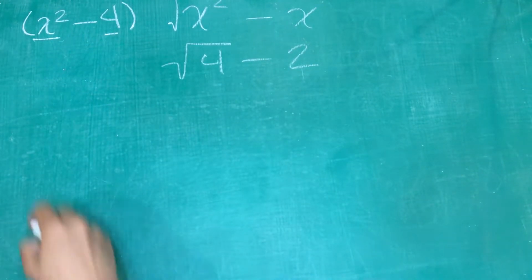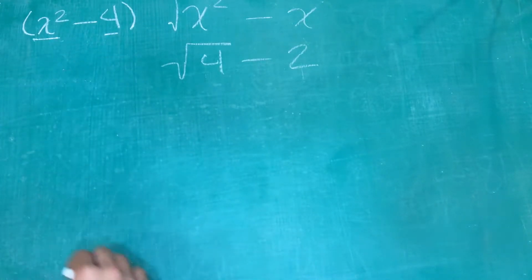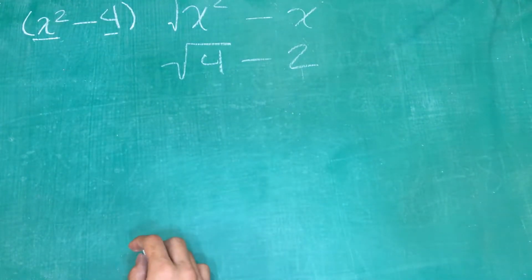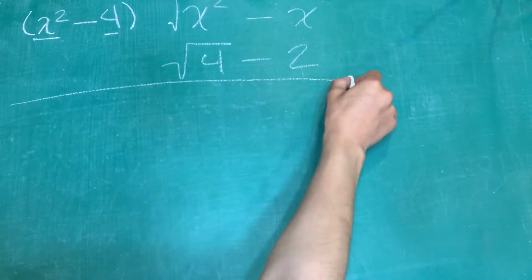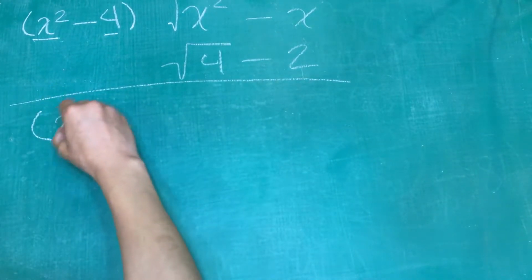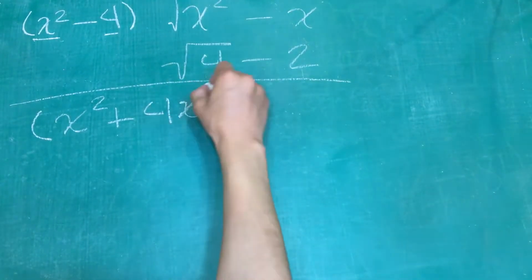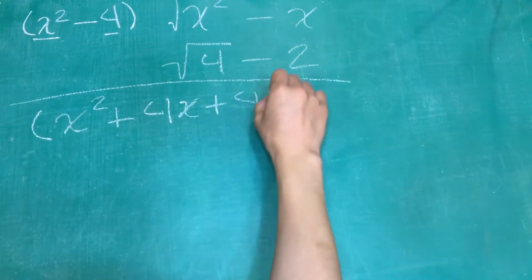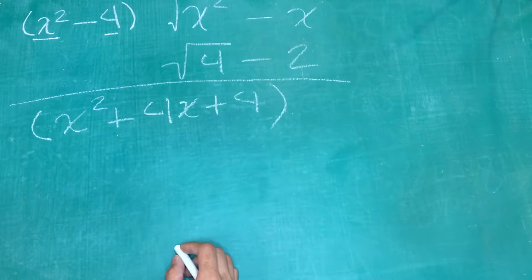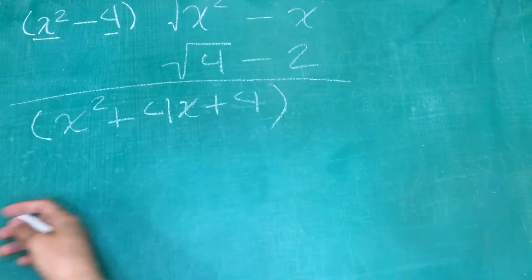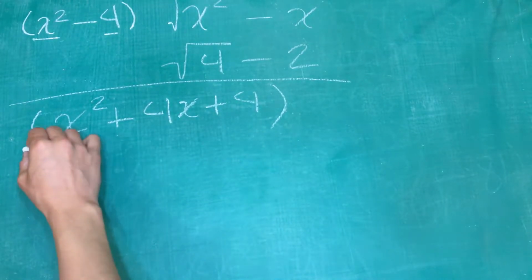To solve any difference of squares, imagine we have a trinomial. Let's say, for example, we have x squared plus 4x plus 4. We would solve this by factoring. How do we factor?